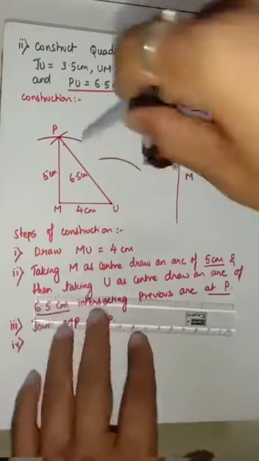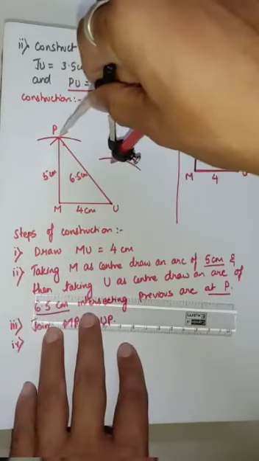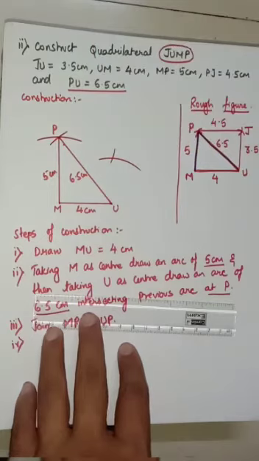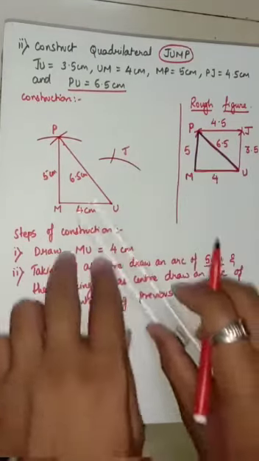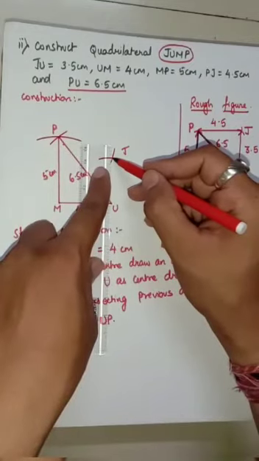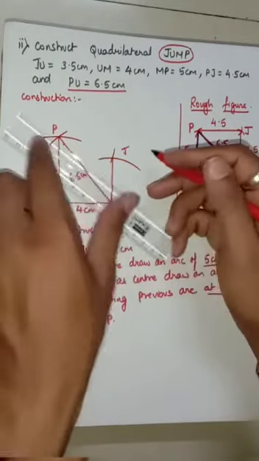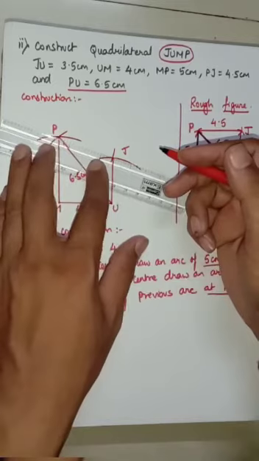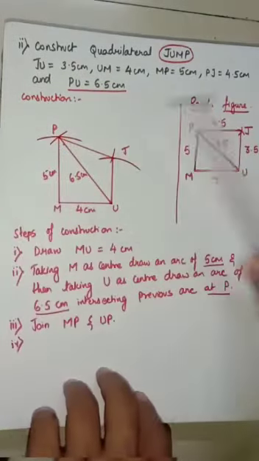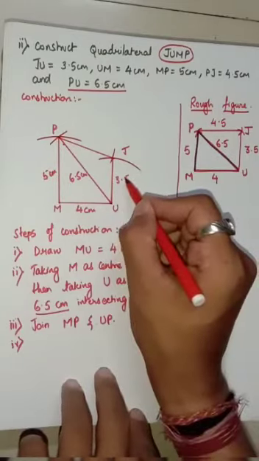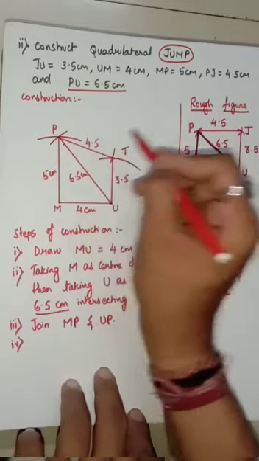The point of intersection will be named as J. And we have to join UJ and PJ. This is of 3.5 centimeter, this is of 4.5 centimeter.